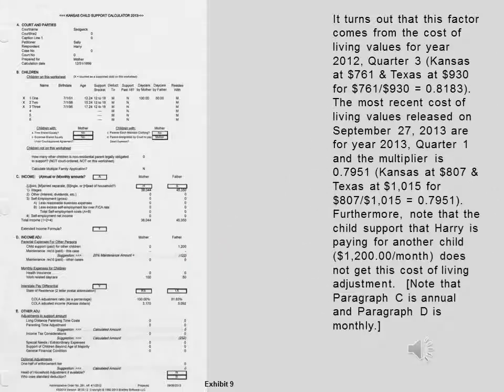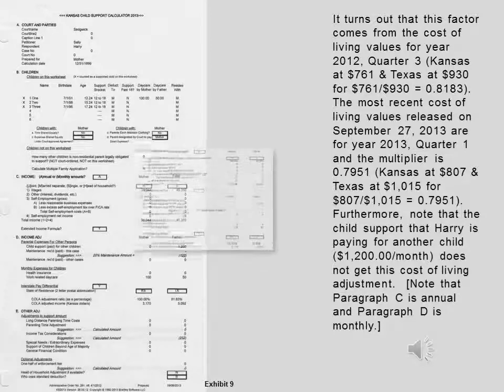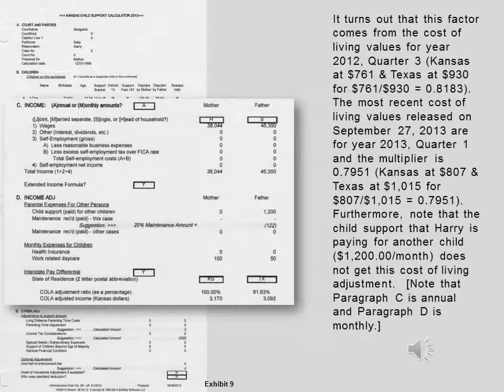It turns out that this factor comes from the cost of living values for year 2012, quarter 3, Kansas at $761 and Texas at $930, for $761 divided by $930 equals 0.8183.